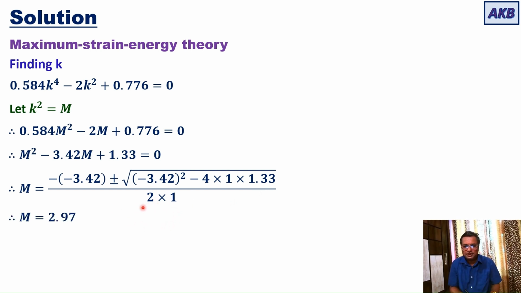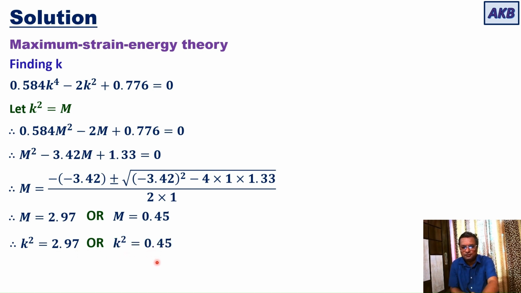After simplification, when I use the plus sign, I get m as 2.97, and when I use the minus sign, I get m as 0.45. So m is k square, that is k square is 2.97 or k square is 0.45.